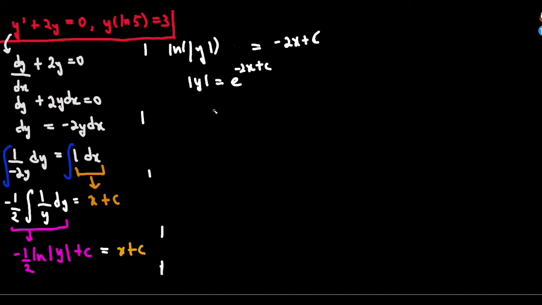To get y out of the absolute value, I'm going to rewrite this as e to the minus 2x times e to the c, by using a rule of exponents. Then I'm rewriting e to the c as d.